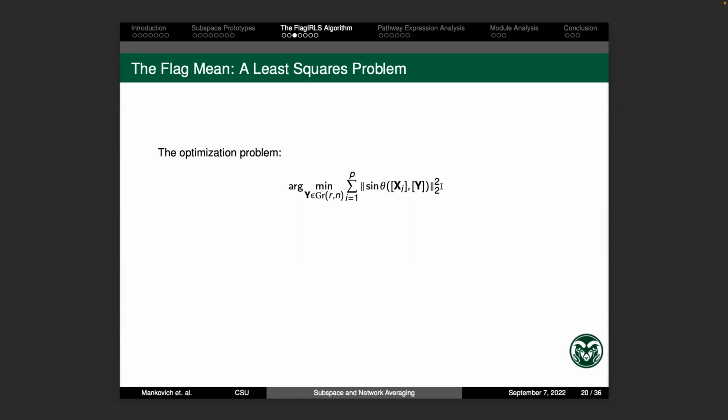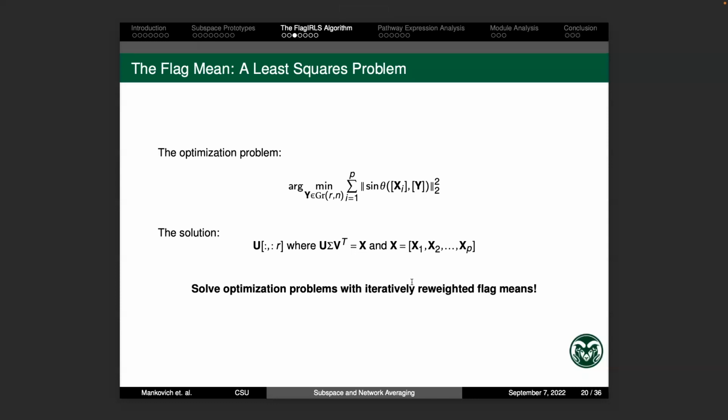This is a 2 norm squared problem. It looks very similar to a centroid problem, even though you're dealing with principal angles. Regardless, you just see two norms squared, so this is a centroid problem. There's a solution that involves a decomposition of a matrix, and it's a closed form solution. It's easy to solve, just like the centroid problem.